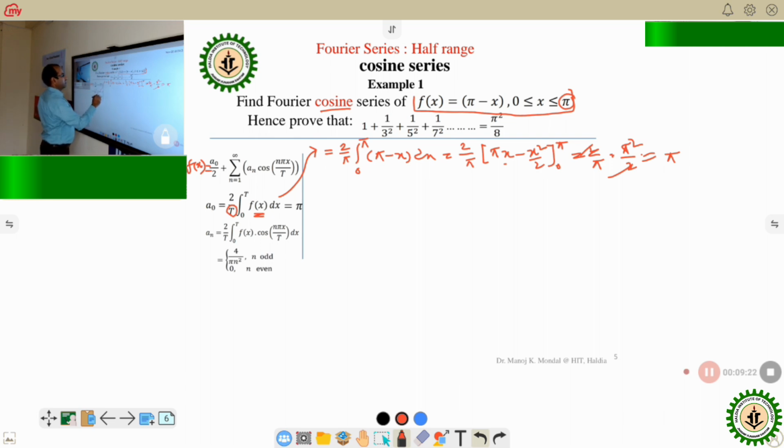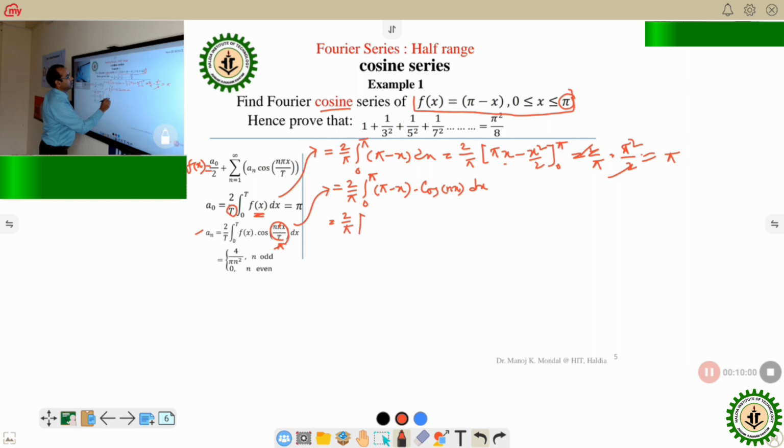Next, what is the value of an? We consider the formula for an: 2 by pi, integration 0 to pi of (pi minus x) into cos(n pi x by pi), the pi cancels, so cos(nx) dx. Now we have to take the integration by parts.